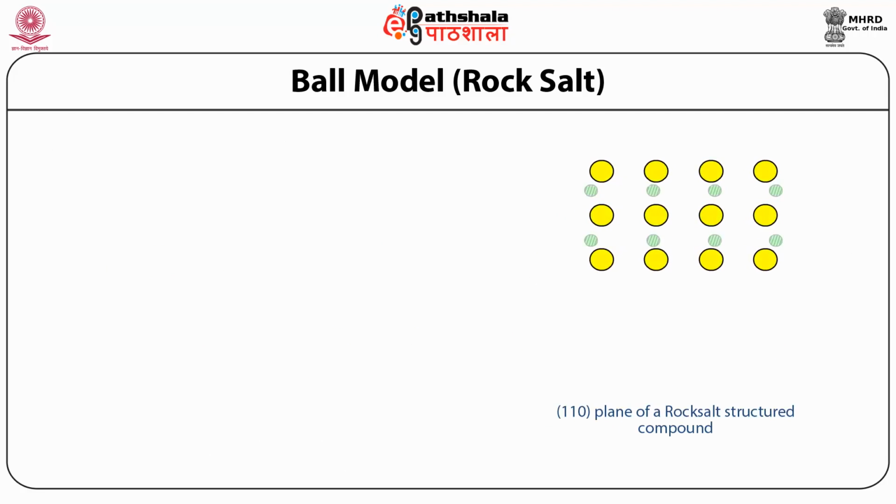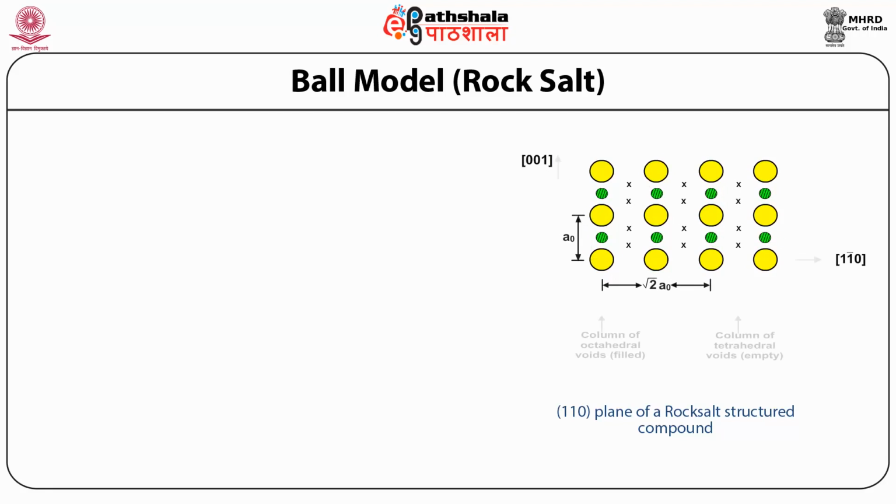So students, you can see in this figure that the 100 plane of the rock salt structure is shown. You can see there are 2 types of atoms which are present, yellow and green, which we have categorized into M and X category.